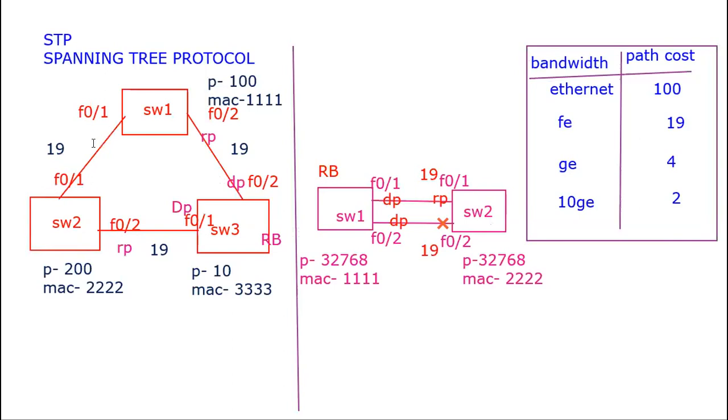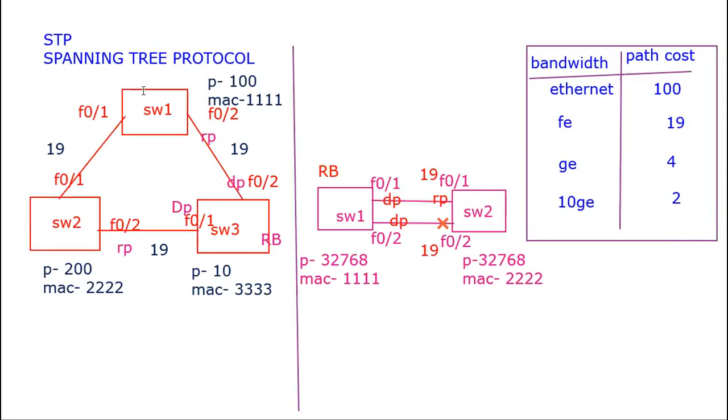Now designated port election is based on lowest path cost, same as root port. From the switch 1 port, the path cost is 19. From switch 2, 19, same. So path cost is the same. Then the election will be done on the basis of the lowest sender bridge ID.